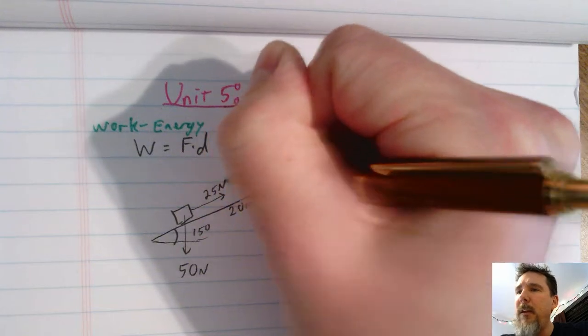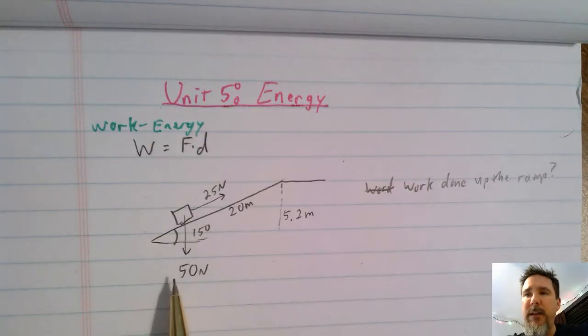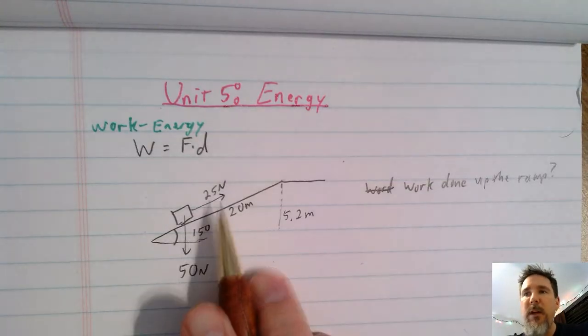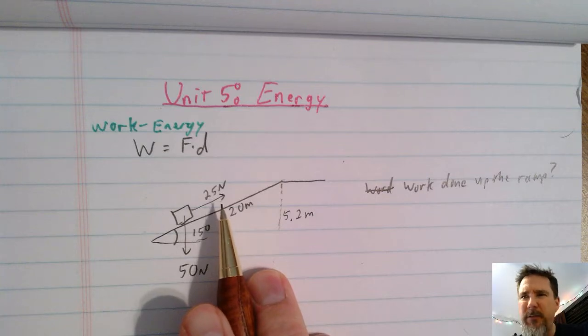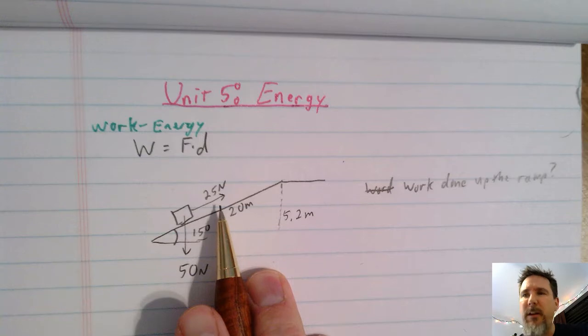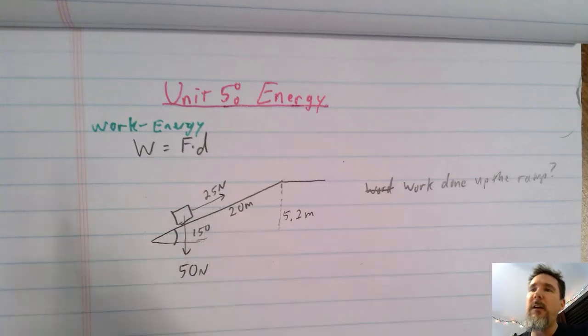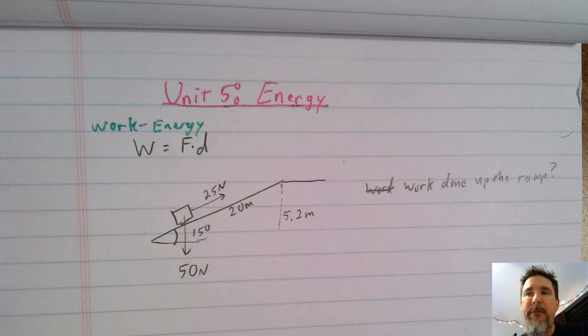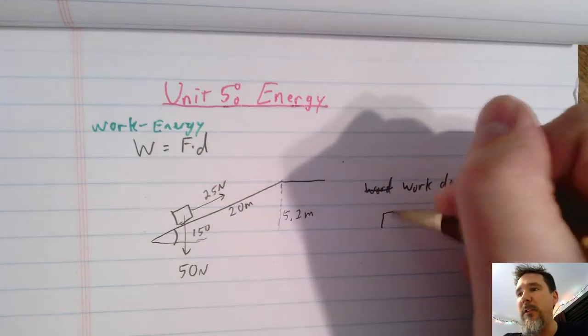The weight of the block is 50, and there's friction and all sorts of things involved, so you have to pull kind of hard. Let's just say 25 Newtons to make it easy. You are pulling that block 20 meters with a force of 25 Newtons. It's pretty straightforward.